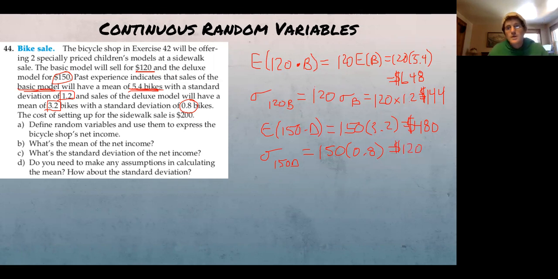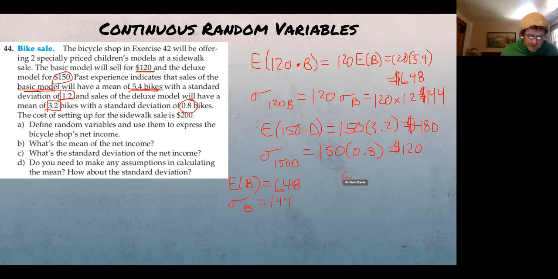All right, so I wanted to start by rescaling. And now I've got two random variables. So let me show it this way. The expected value for basic bikes is going to be 648 with a standard deviation of 144.